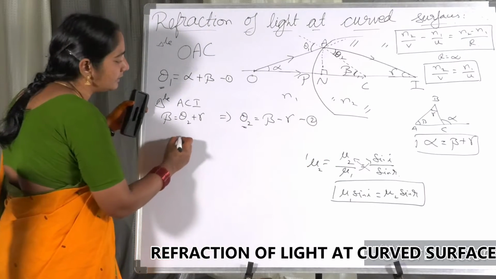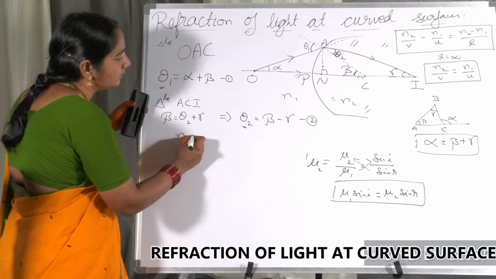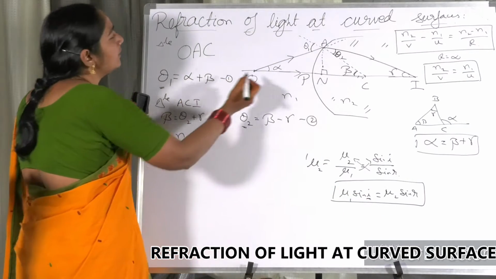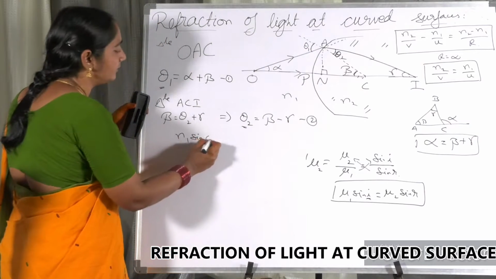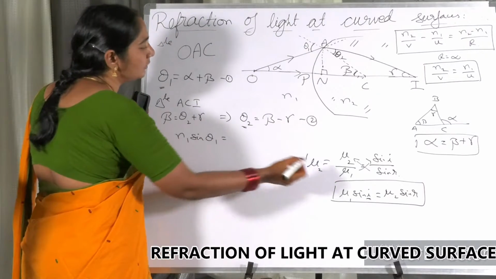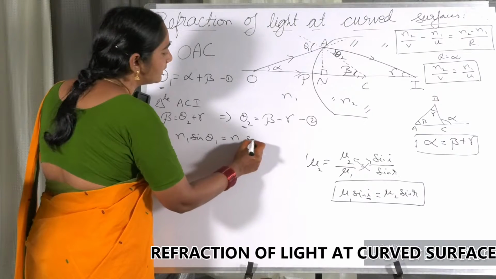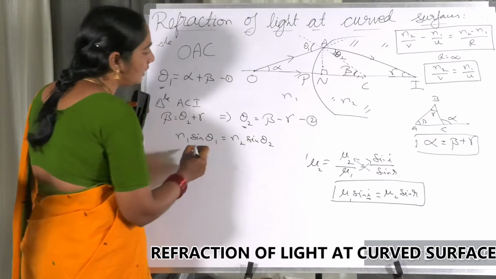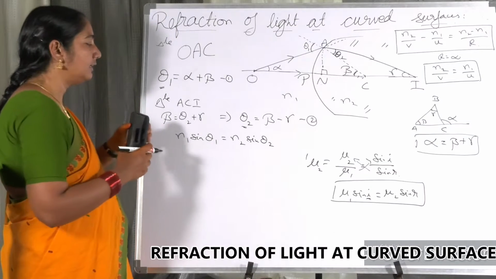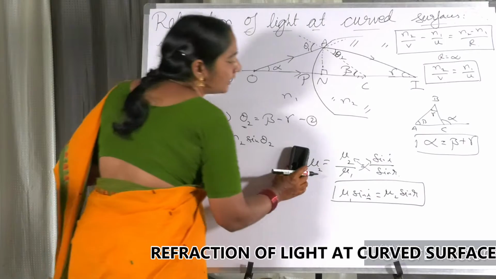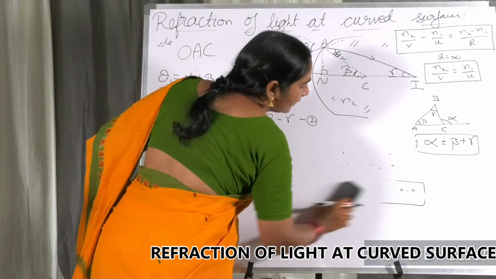So I can write the standard equation as n1 sin i, which is theta 1 here, is equal to n2 sin theta 2. I think you are convinced with this equation. We are getting this from the standard equation, already done.